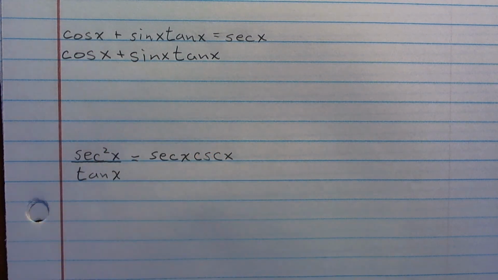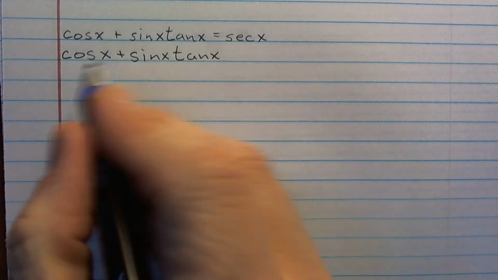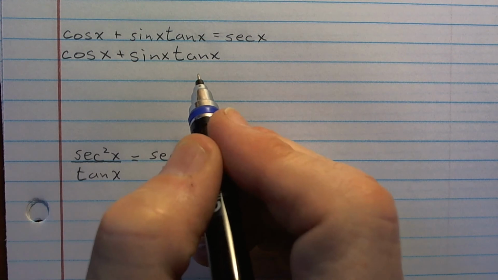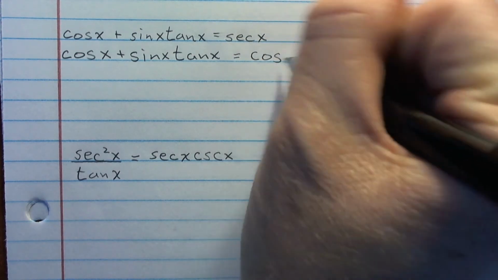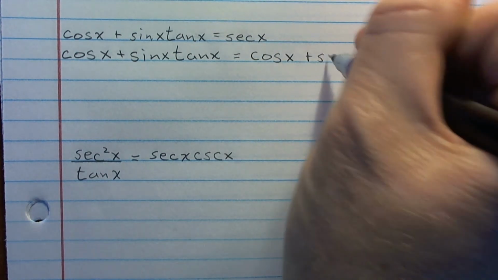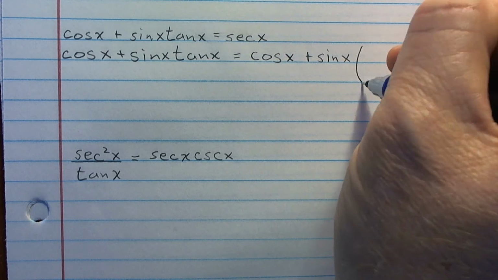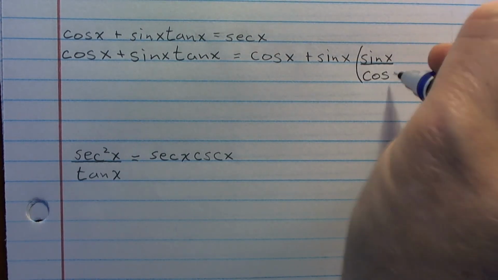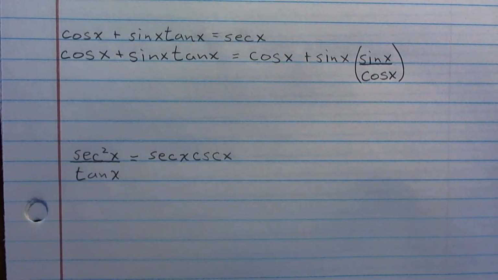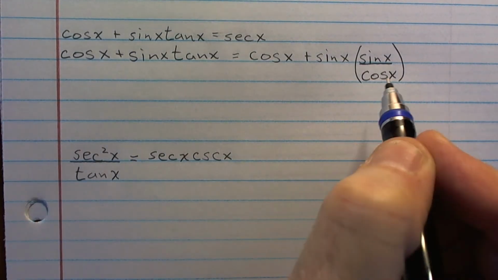Well, when you get to that point, one strategy is just convert everything to sine and cosine. So that means I'm going to convert that tangent to sine over cosine. So here we go. We've got cosine x plus sine x times sine over cosine. Okay, now we've made that substitution.